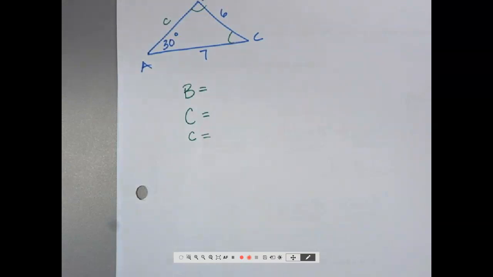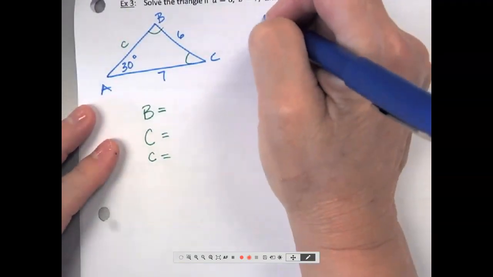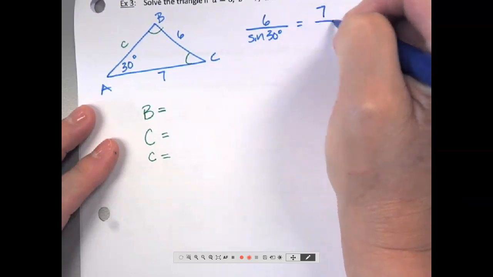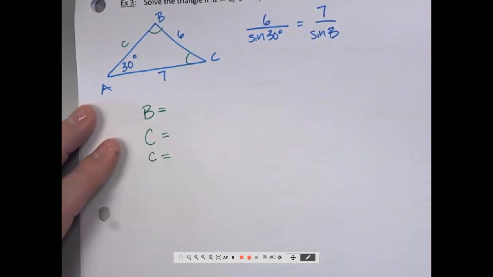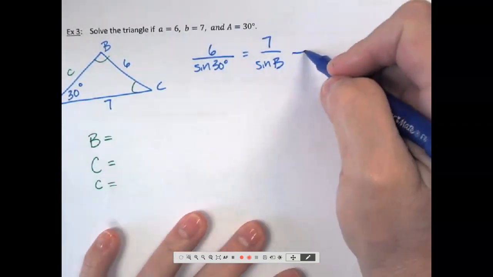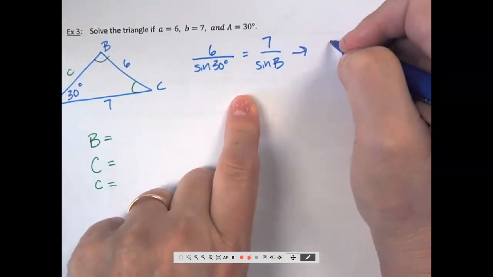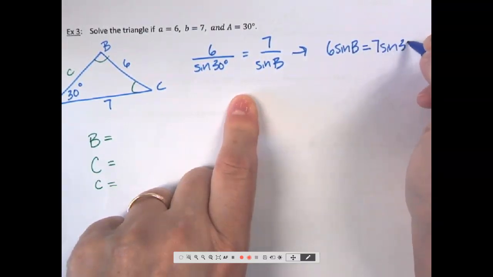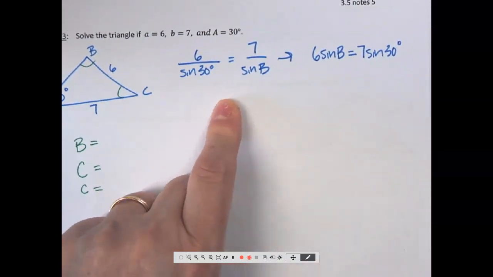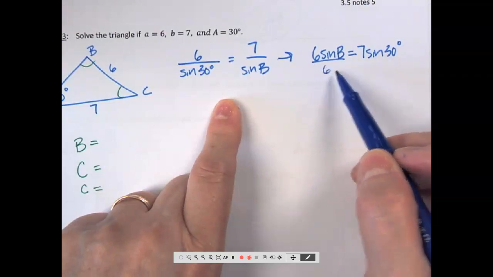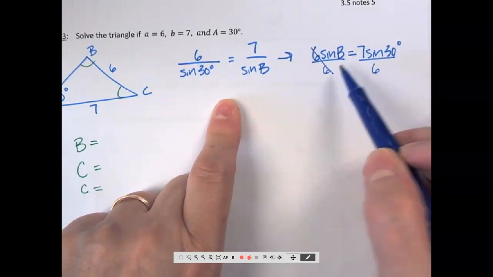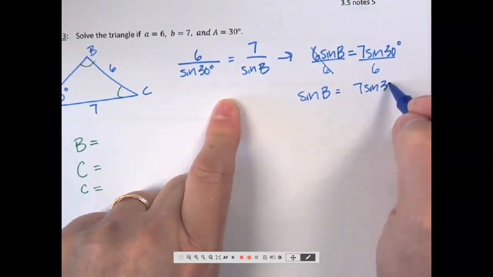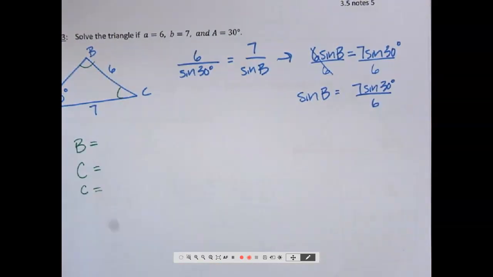All right, so we start out law of sines, normal, everyday, routine: 6 over sine 30 equals 7 over sine B. No big deal. We cross multiply, and I'm going to get 6 sine B equals 7 sine 30. Divide by what? Just the 6. I can't separate sine and B. Okay, how am I going to find B?